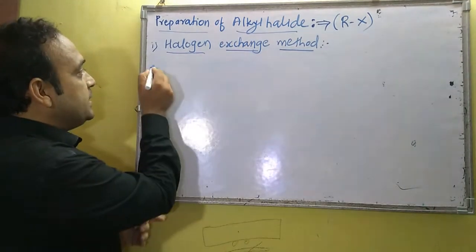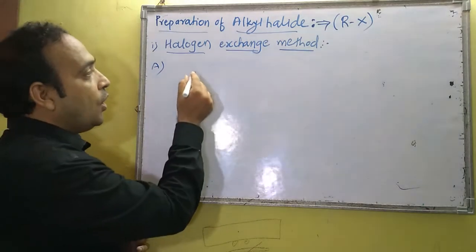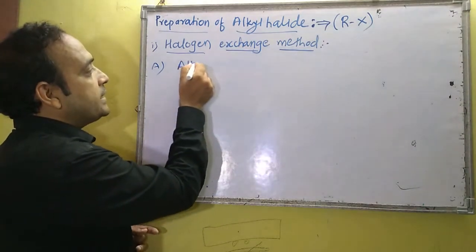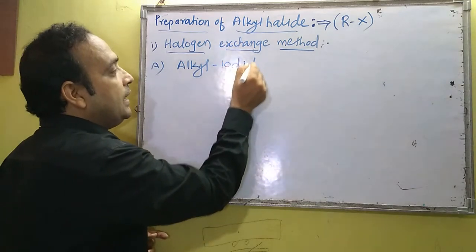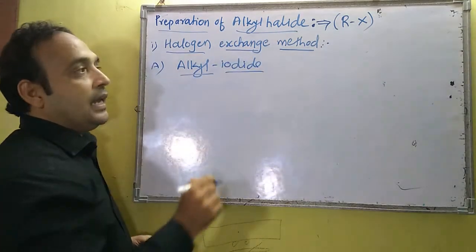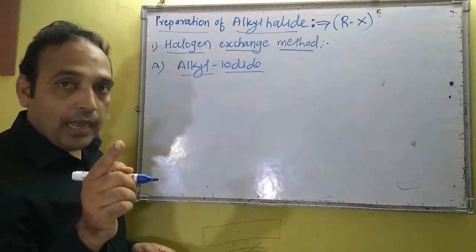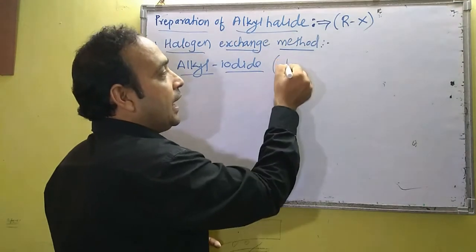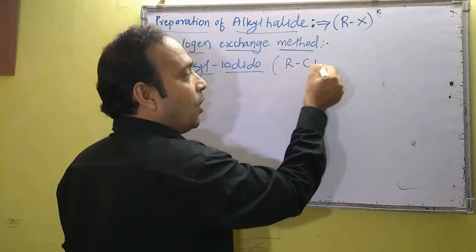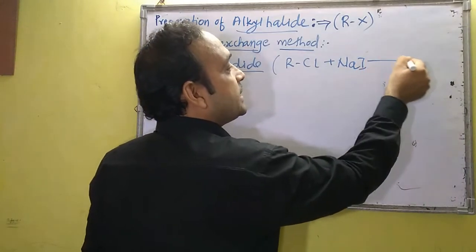Now in this case, first reaction I am going to start is preparation of alkyl iodide. This alkyl iodide can be prepared by using alkyl chloride or alkyl bromide, and in this reaction your alkyl chloride or alkyl bromide reacts with metal iodide.